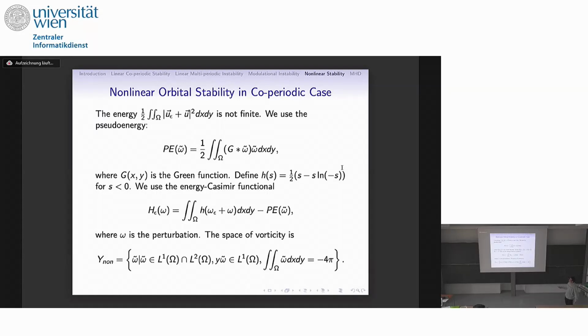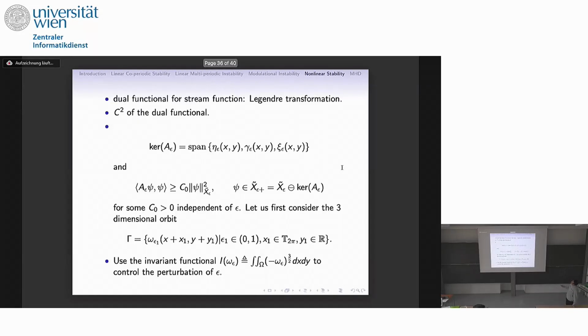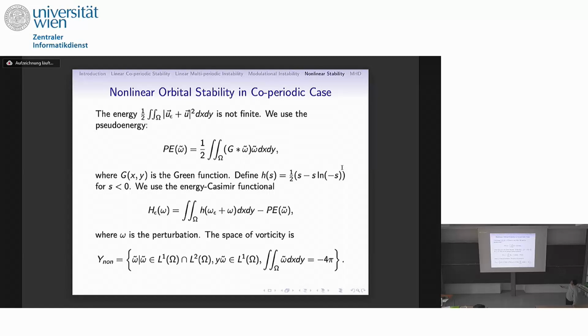Then of course, we try to do the Taylor expansion of this energy Casimir function around the steady state to show the first order variation is equal to 0, then the second order variation is positive, and the remainder term is of higher order. But if you try to do it this way, there are two difficulties.